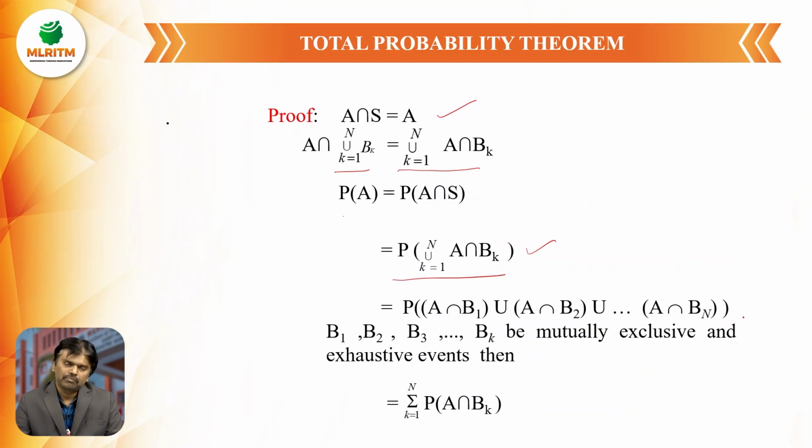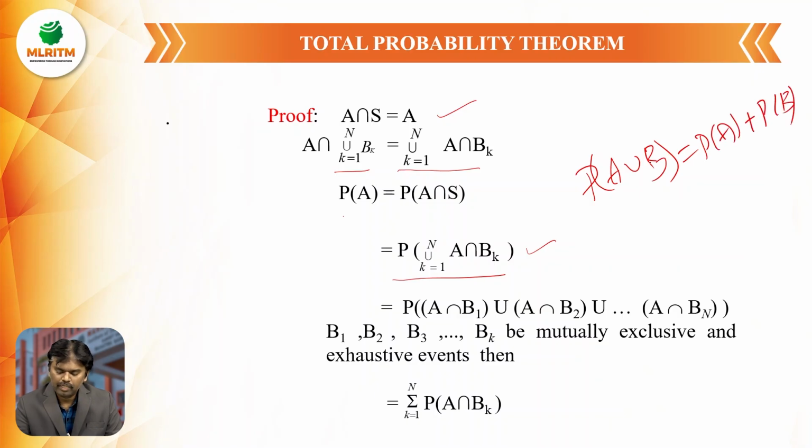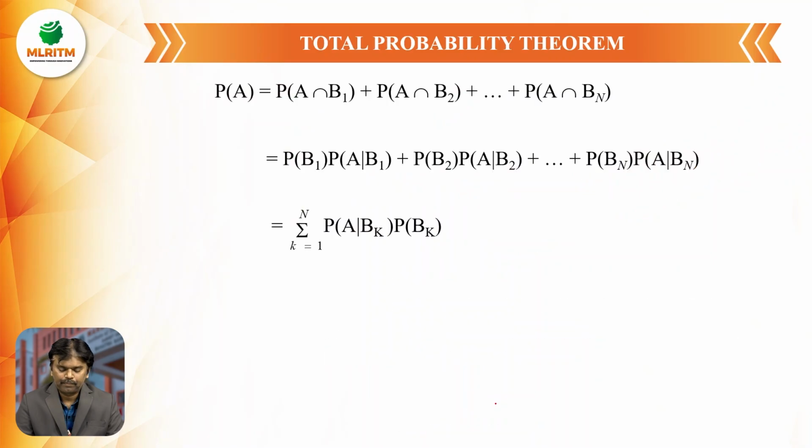If any two events A and B are mutually exclusive events, then P of A union B is equal to P of A plus P of B. The union of those mutually exclusive events is the sum of their individual probabilities. This is axiom 3. So here B1, B2, B3, Bk are mutually exclusive, then the union is converted into summation: summation of k equal to 1 to n P of A intersection Bk.